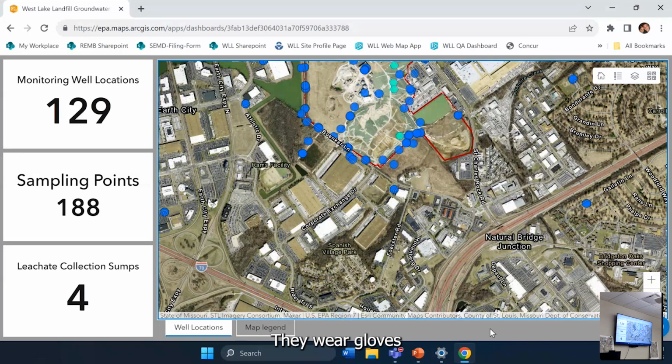For groundwater, they wear gloves and a hard hat and steel-toed boots. But for groundwater sampling, there is not a risk at these concentrations that we're seeing just from breathing while you're collecting those samples. At some sites that I have seen, when the concentrations are really high, I have worn a respirator to collect samples, but that's pretty rare.